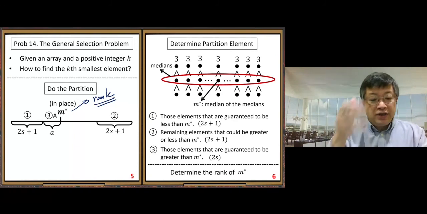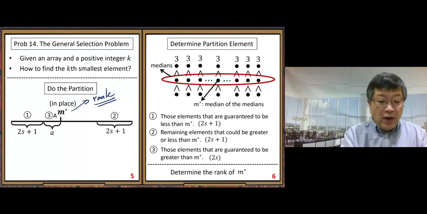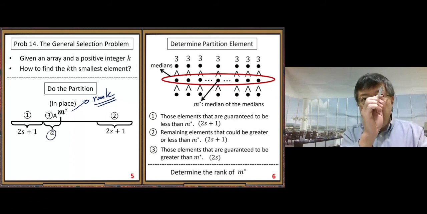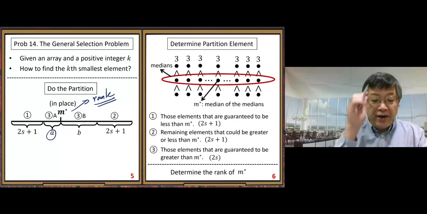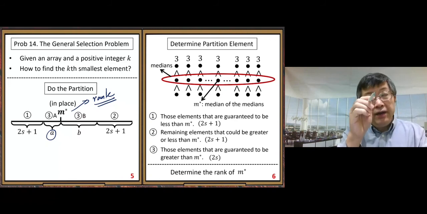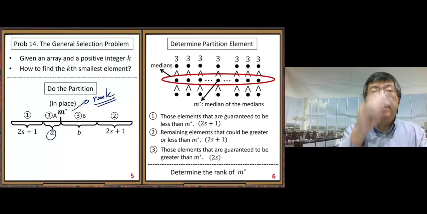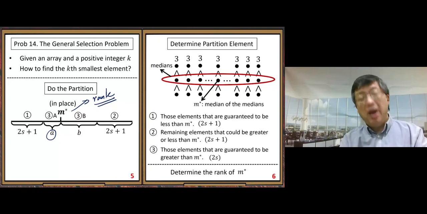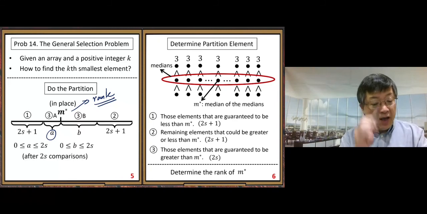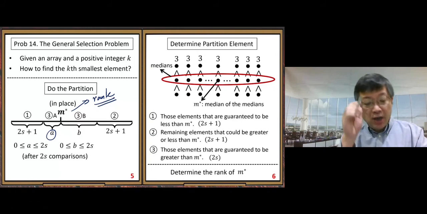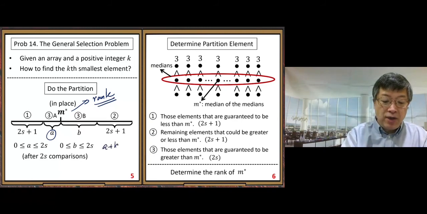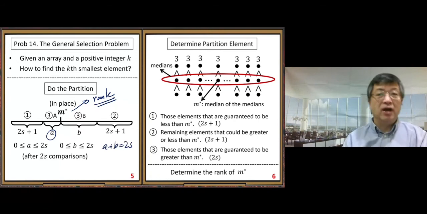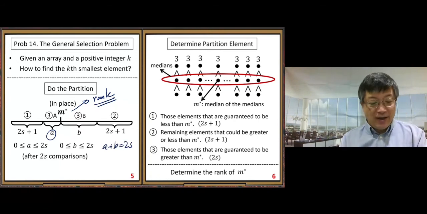So we assume a number of elements, little a, from the 2s at the left-hand side of M star, and little b elements sit at the right-hand side of M star. And a is between 0 and 2s, b is between 0 and 2s, and a plus b equals 2s. How about that? Right?